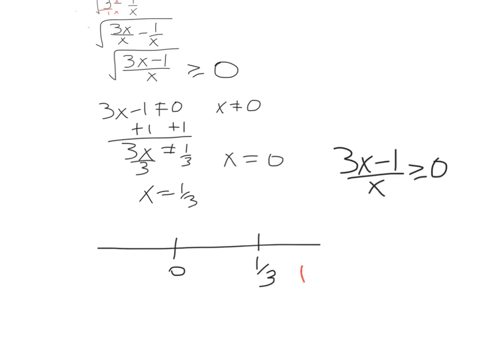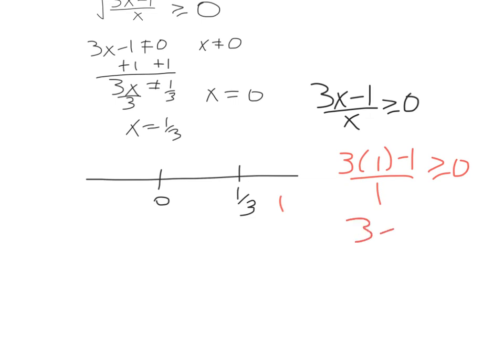I'm going to plug it in. So 3 times 1 minus 1 over 1. I need to see if that's going to be greater than or equal to 0. 3 minus 1 over 1 gives me 2, and that is true. So check, x, check.